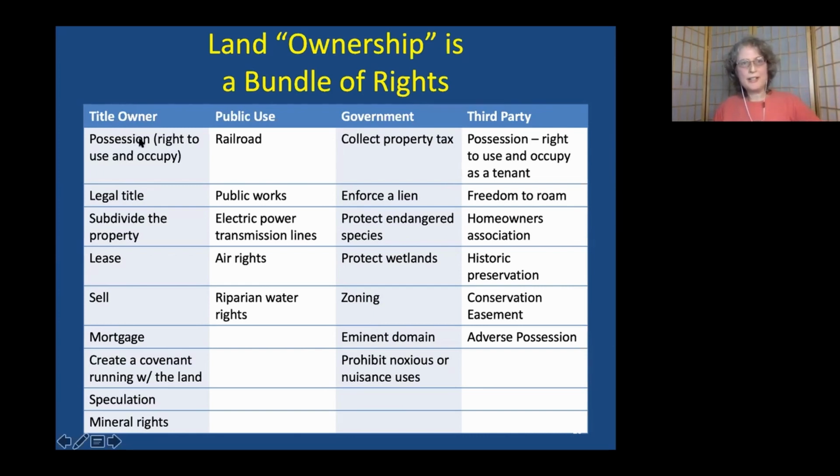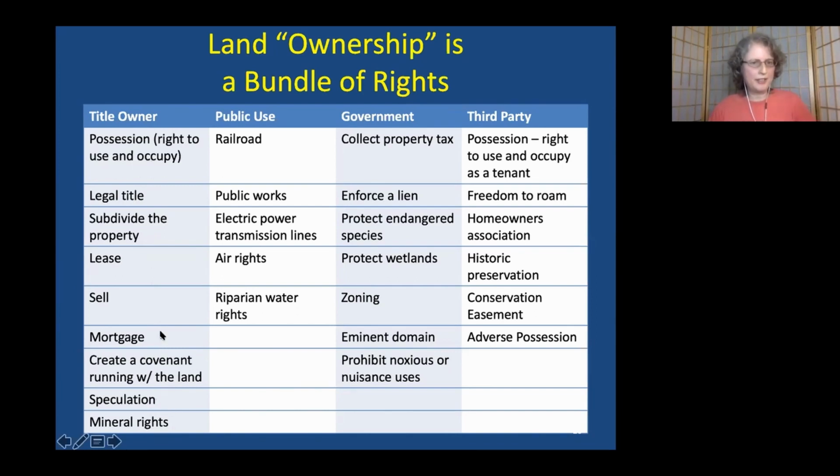For example, you'll see on the left here, the title owner has the right to use and occupy the land, they have the legal title to it, they have the right to subdivide the property, to lease it, to sell it, to mortgage it, they can create covenants that run with the land, they can speculate on the land, and they have the right to the mineral rights.